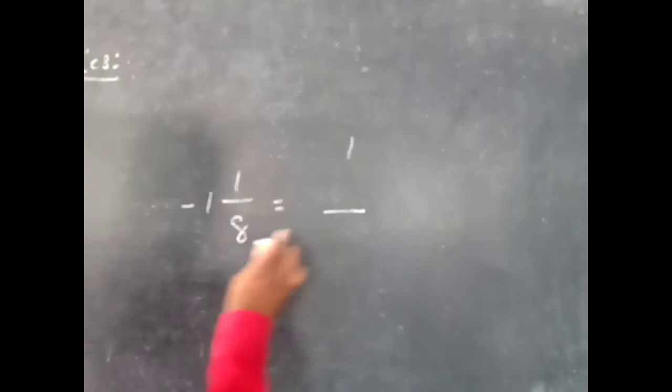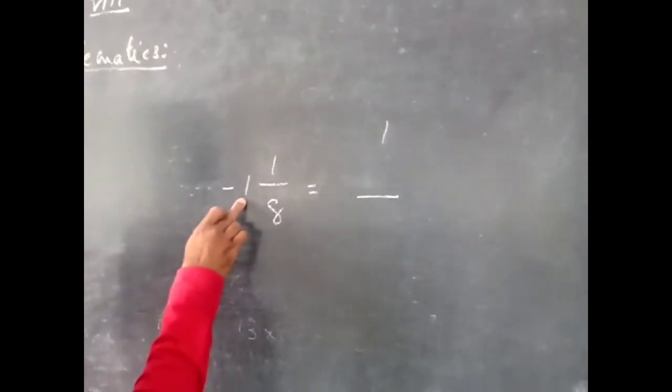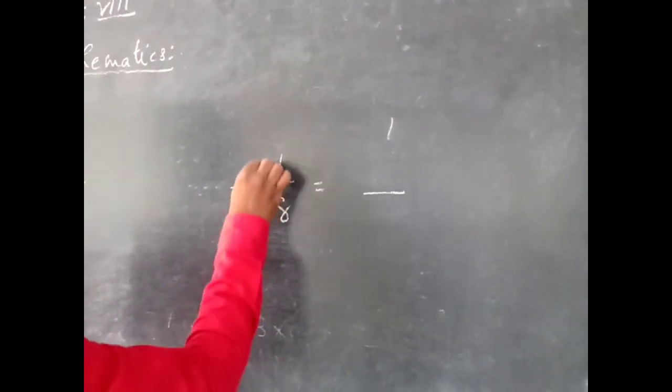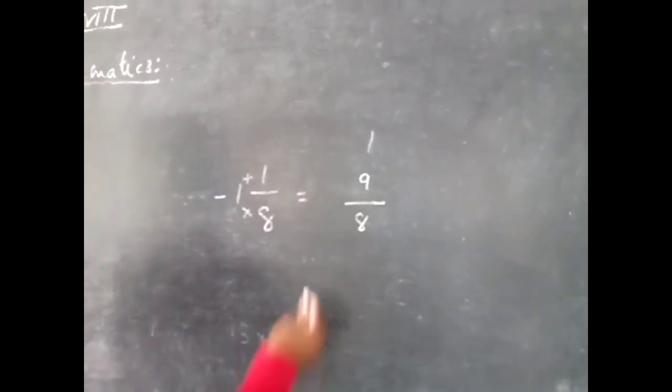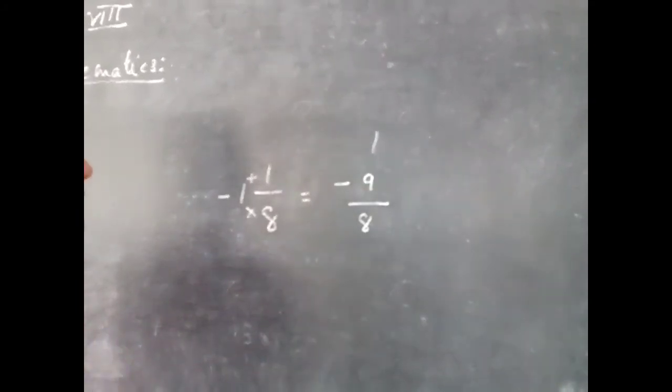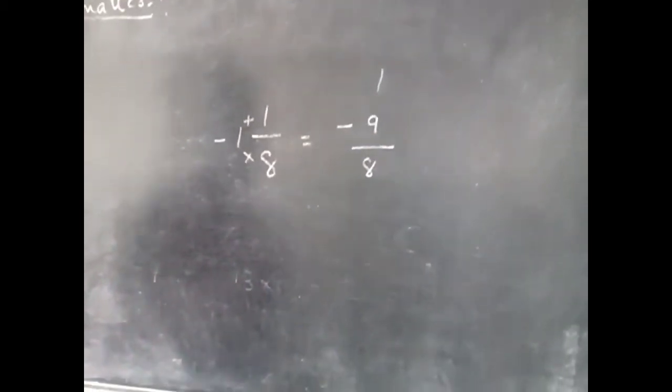So let's first convert it into a fraction. 8 ones are 8 plus 1, 9. 9 upon 8, right? It is in minus, so minus 9 upon 8.